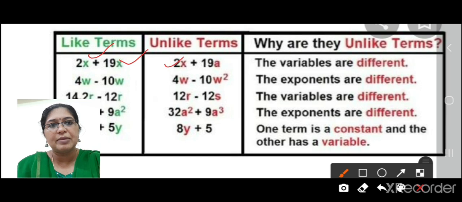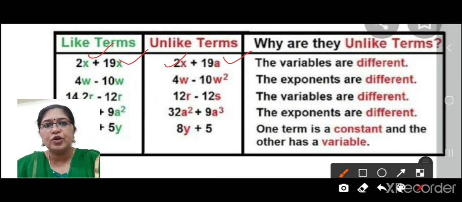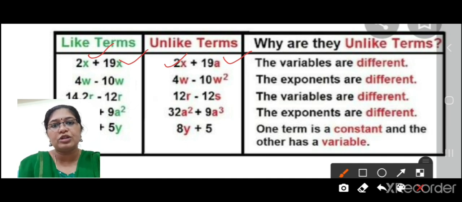Unlike terms: example here, 2x and 19a. Here the variable is x and on the other side the variable is a. So it is an unlike term. Here you can see w and w, both variables are the same, so it is a like term. Here w and w square are coming. The exponent, that is the power, is different.